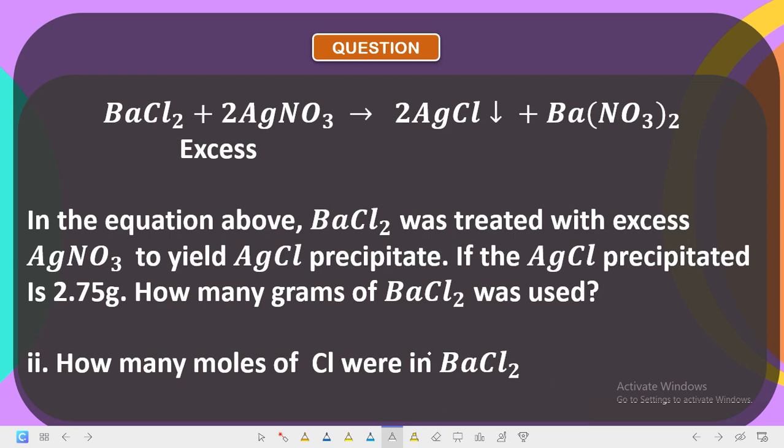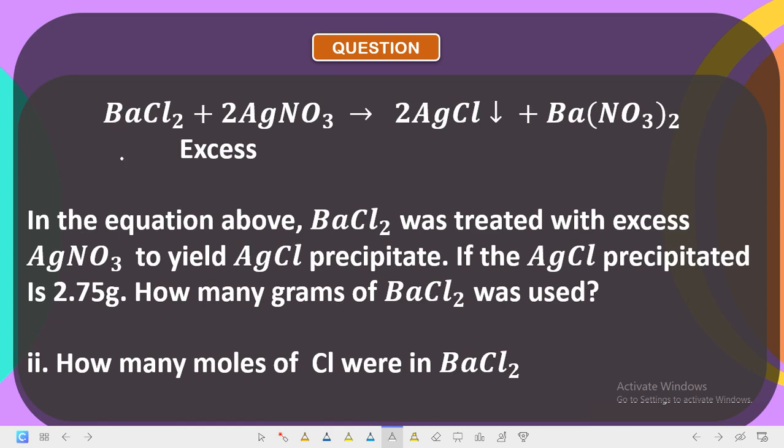Now, how do we solve this question? We must know the molecular mass of barium chloride. It was not given, but we have to know it.